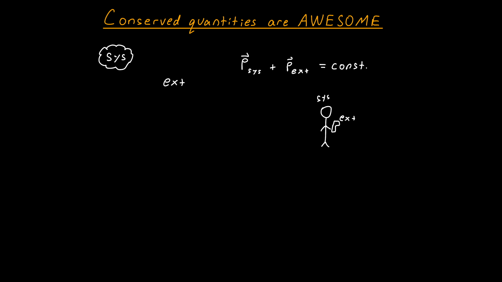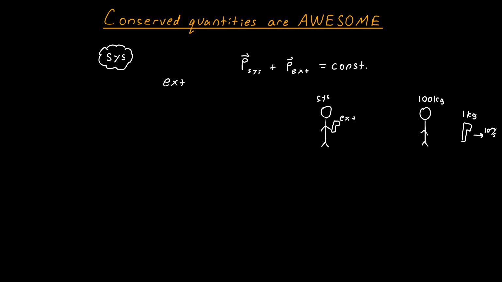So if at some later time we have an astronaut over here and a hammer moving this way, let's say he threw it at 10 meters per second, then if we know the masses of these objects, so let's say, for example, we have a 100-kilogram astronaut and a 1-kilogram hammer, then without even knowing all of the complex interactions that went into the astronaut throwing the hammer and the hammer exerting a backwards force on the astronaut, we can already predict what the velocity of the astronaut will be after the hammer is thrown.